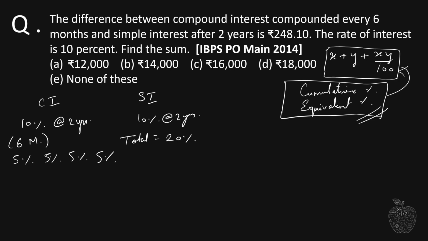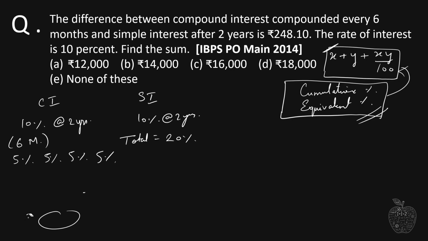How will we calculate the total percent for compound interest? We'll use the formula for cumulative percent, but this formula is for when only 2 percent values are given, and here there are 4 percent values. So what I'll do is first calculate for these two, then for these two, then I'll get 2 values, then I'll calculate for these two and get the final value, which is the total percent.